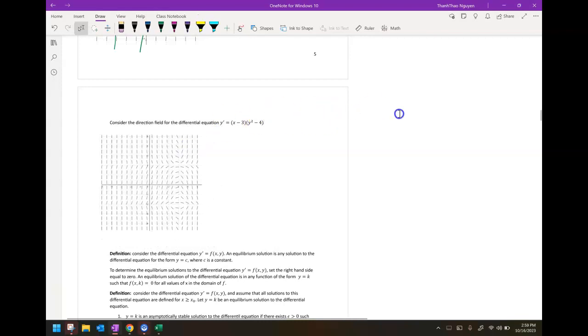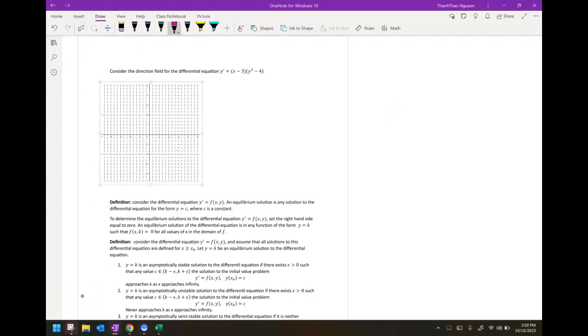So let's take a look at this curve. Now, if you noted that here at -2 and 2, when y equals 2 and when y equals -2, you see that the slope of this line is 0.